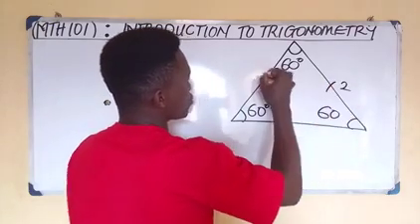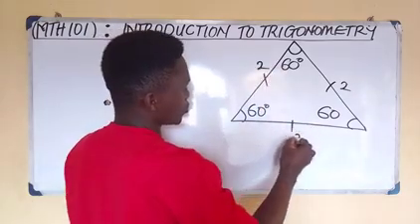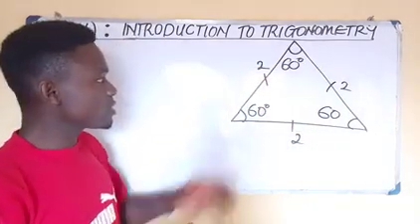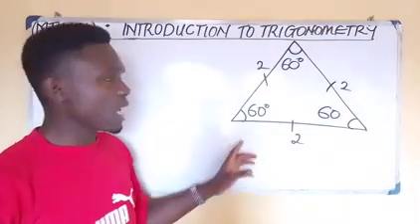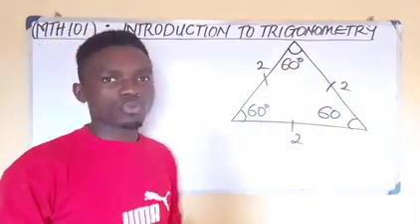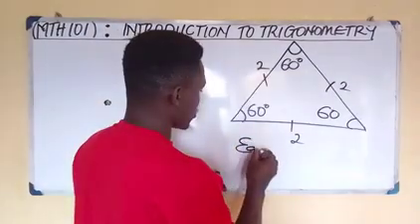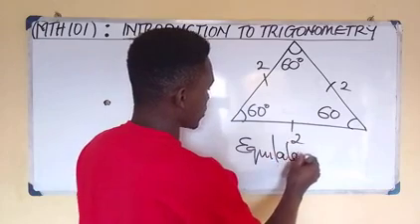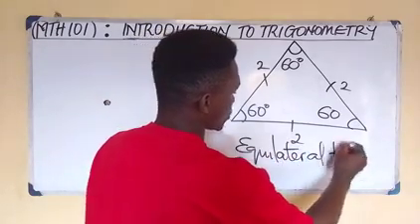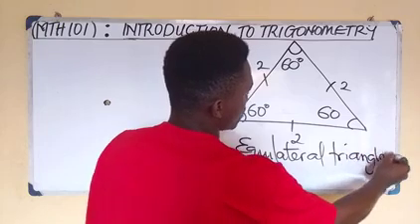This place 2, 2, 2. So the three sides are equal and all the angles are also what? Equal. So an equilateral triangle, the three sides are equal.